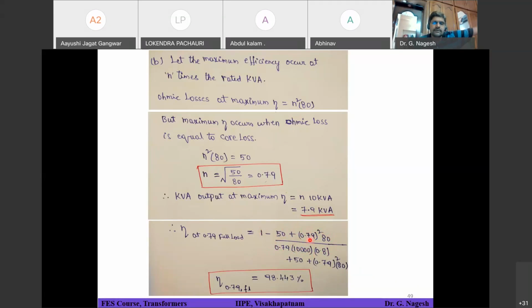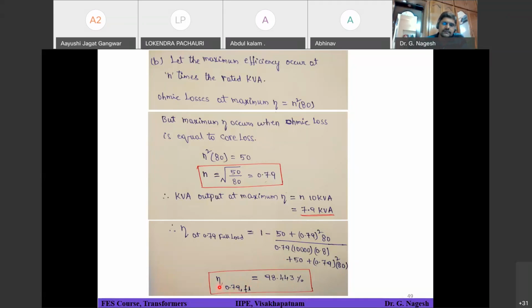So if you apply this formula, 1 minus losses divided by input, at the maximum efficiency condition, you are going to get efficiency as 98.443. So that means the efficiency of the transformer will be maximum at 0.79 times your full load current.